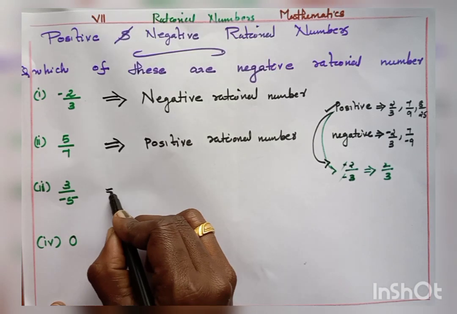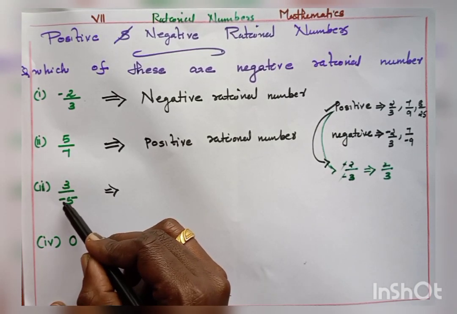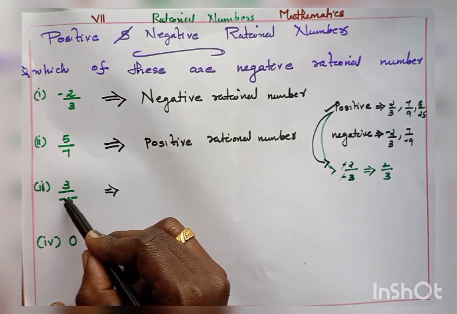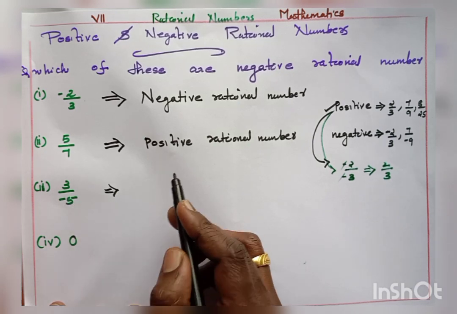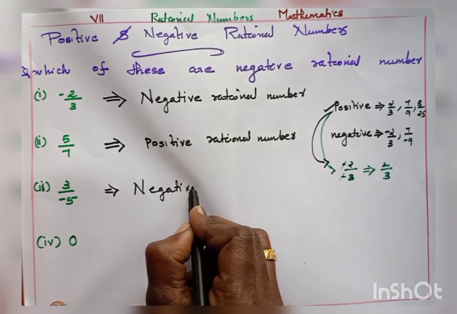Okay, then 3 by minus 5. See, the denominator has a negative sign. So, when either the numerator or the denominator has a negative sign, that is a negative rational number.